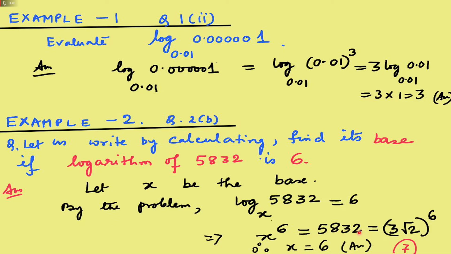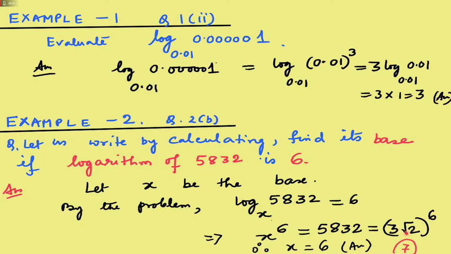Now we are going to use the laws of indices. We will try to express this number as some power of 6. I am just factorizing it and I get 3 root 2 to the power 6 as this number. So x to the power 6 is nothing but 3 root 2 to the power 6.